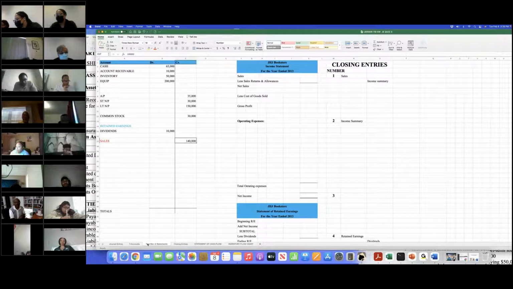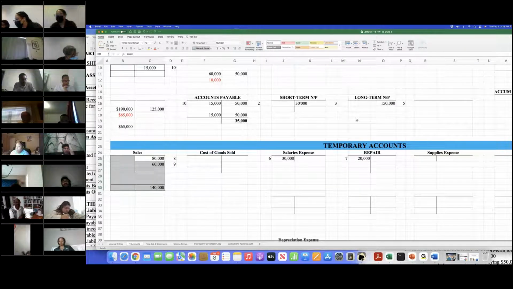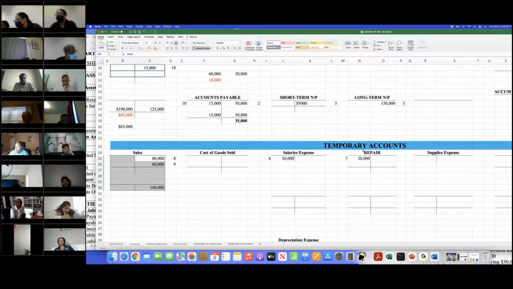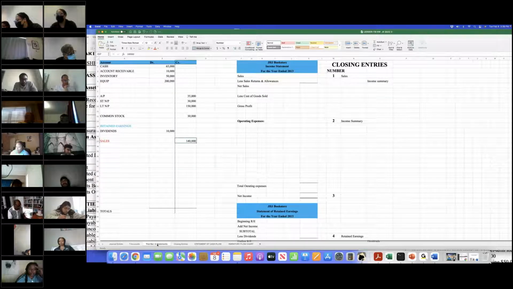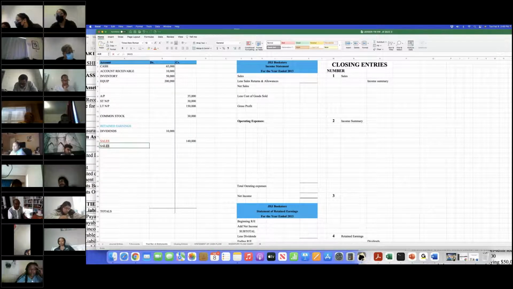Then we have salaries and repairs, 30 and 20. On the debit side, salaries, 30,000.